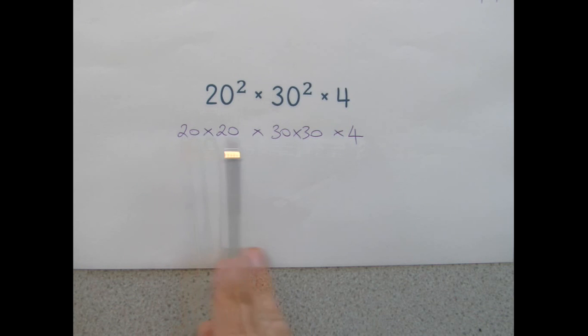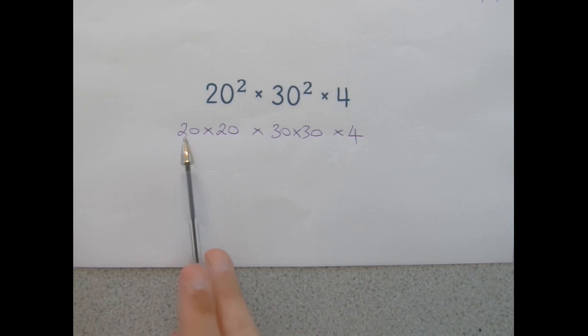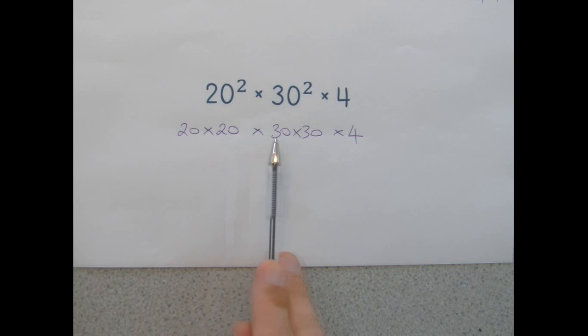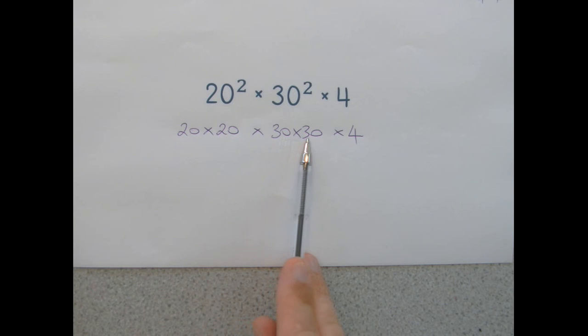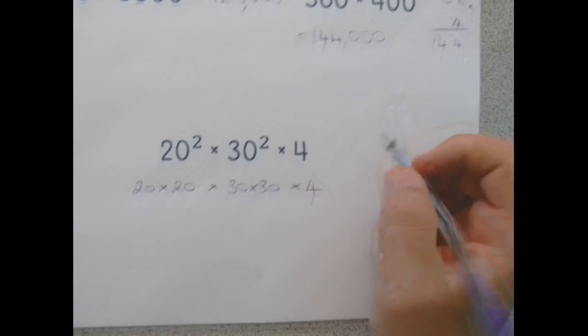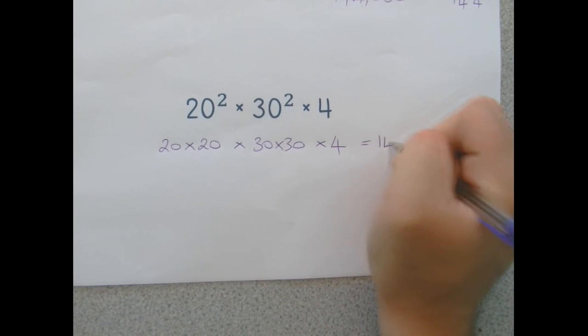Remember now, when you multiply by multiples of 10, ignore the zeros. So 2 times 2 times 3 times 3 times 4. That's what we're going to work out. 2 times 2 is 4, times 3 is 12. 12 times 3 then is 36, and 36 times 4, well, we did that up here, didn't we? 36 times 4, 144.